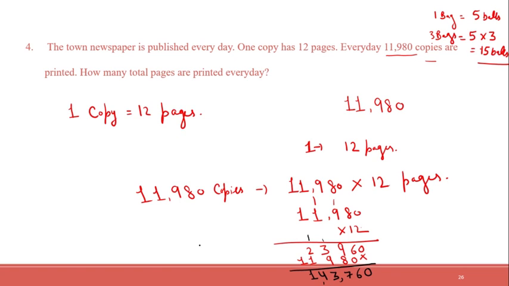So total 11,980 copies will have 1,43,760 pages, right? So this is our answer.